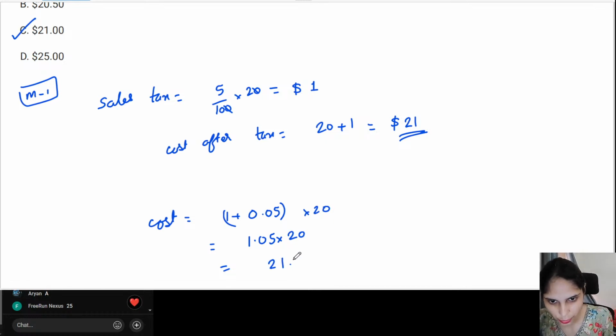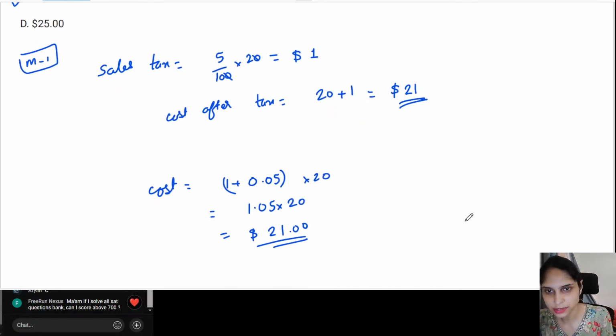So the answer is going to be $21.00. So both methods are correct. You can first find sales tax and add it, or you can directly multiply by 1.05, because your sales tax is 5%. 5% means 0.05, that is 5 over 100. And you add it to 1 and multiply with the cost. Okay. I prefer the second method.